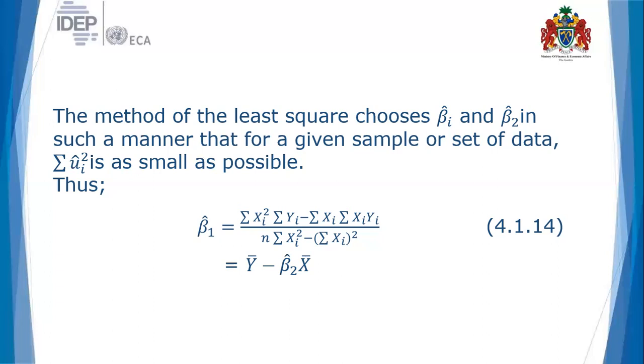This will give us y bar minus beta hat 2 times x bar. So, to estimate beta hat 1, we can simply take the difference between y bar, which is the average value of y, and beta hat 2 times x bar.